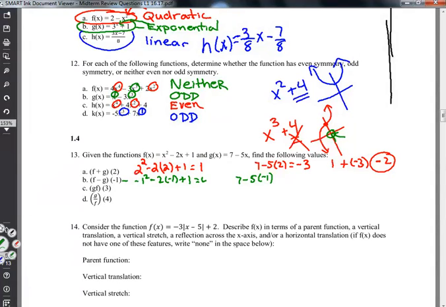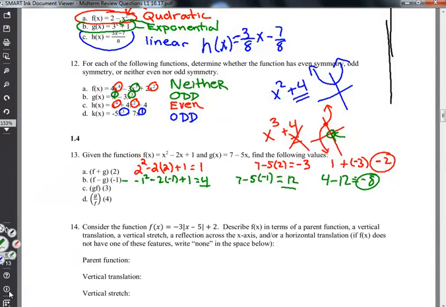So 3, that's 4. And then 7 plus 5 is 12. Okay, so now that I have 12 and 4, it's going to be f minus g. So my f is 4, minus my g, which is 12, and my answer will be negative 8.